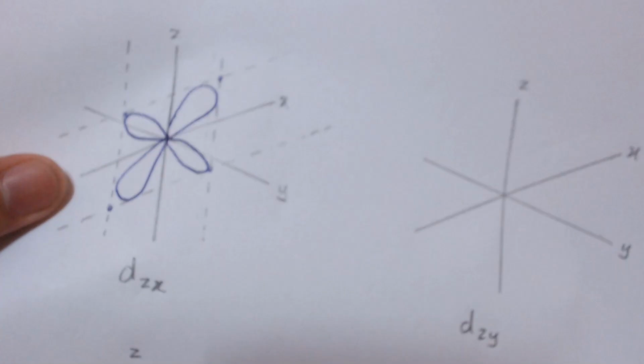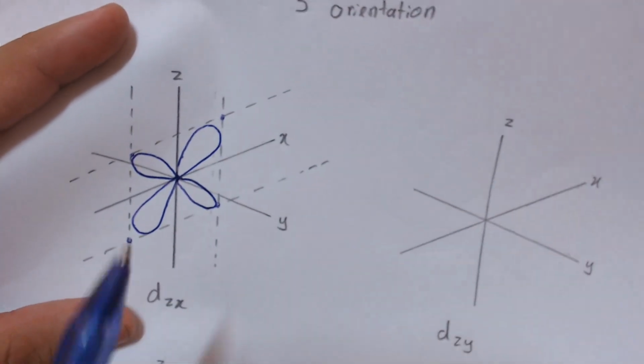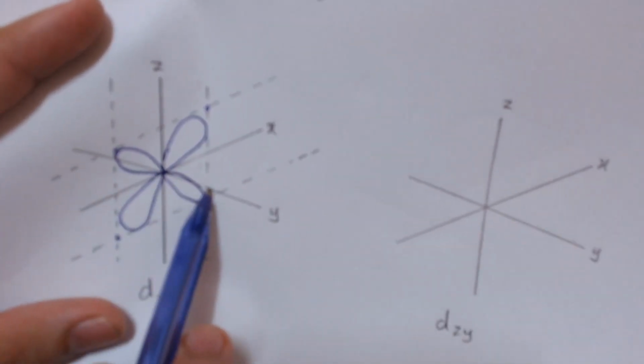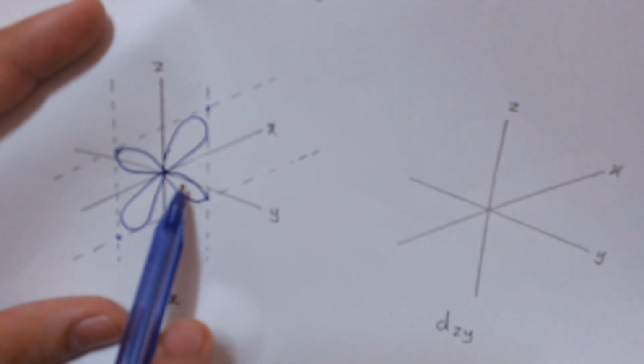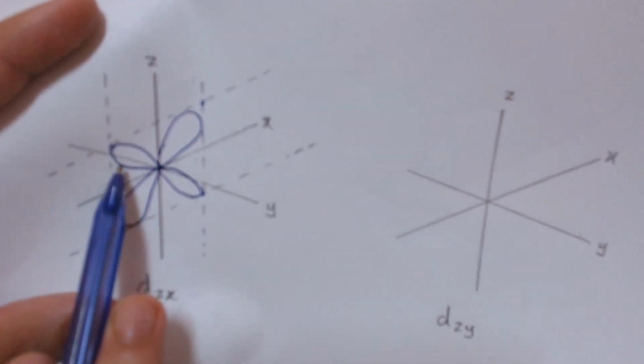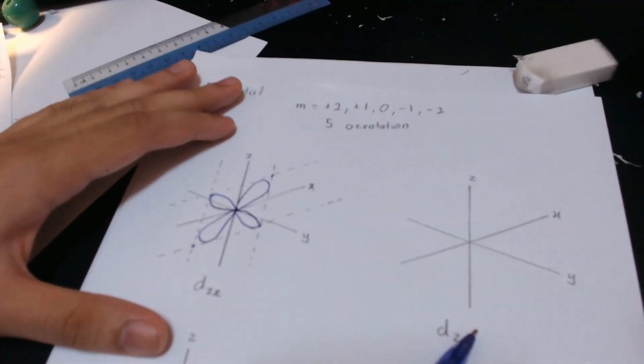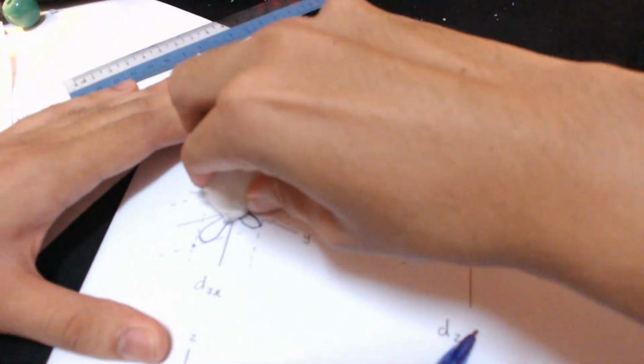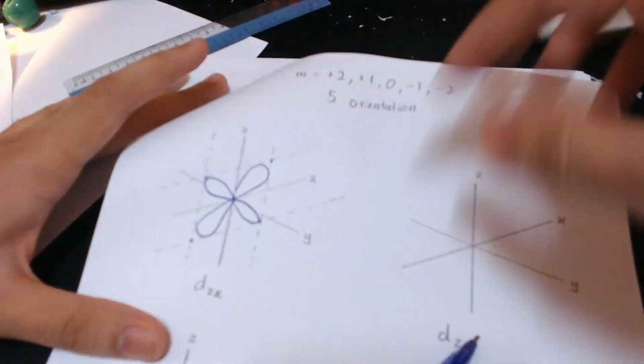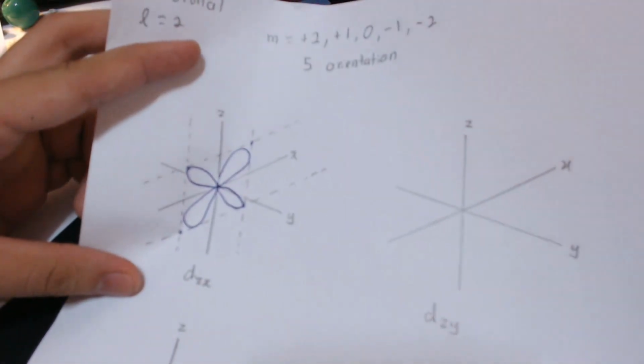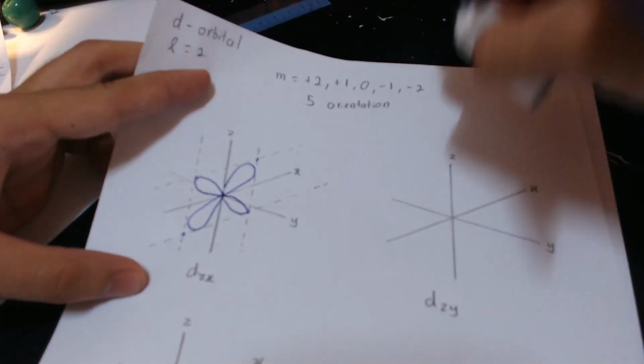The general rules is padam the one dekat atas. That one will make your drawings prettier. Okay, dah. Complete one of the orbital.